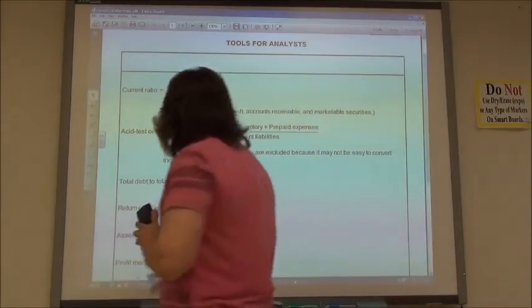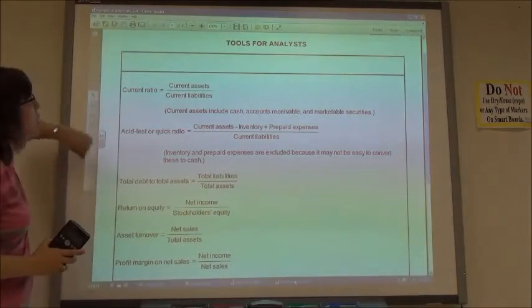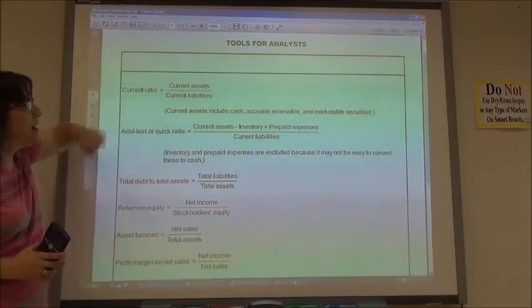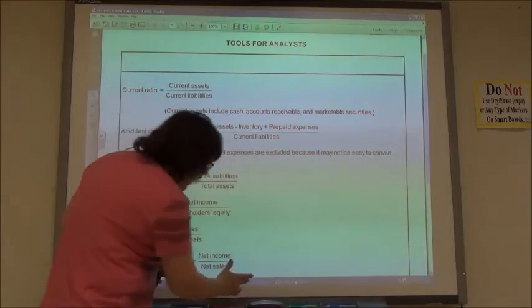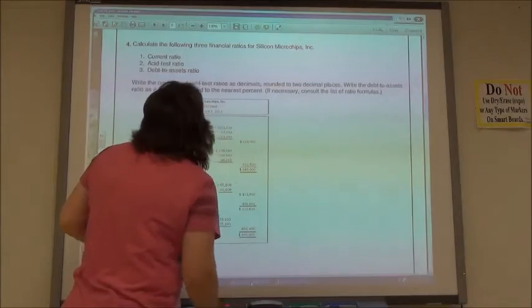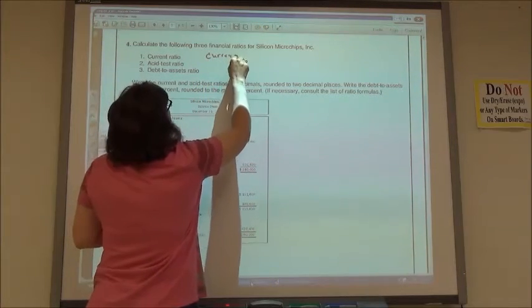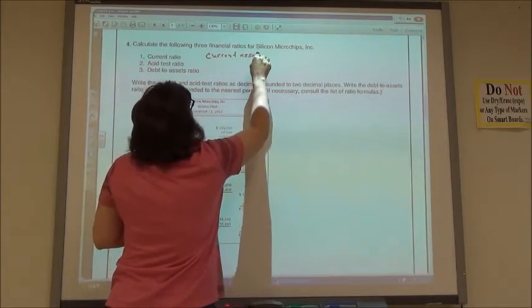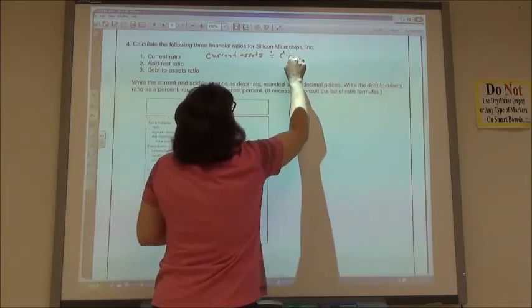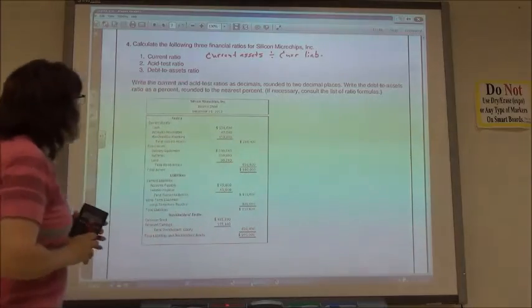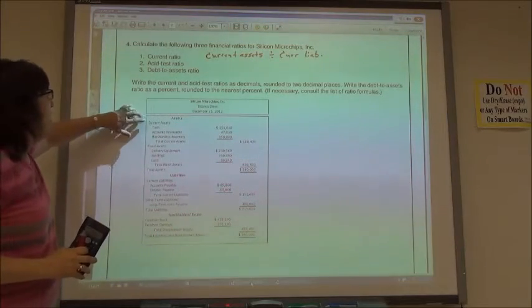So we were going to do the current ratio. The current ratio says take your current assets divided by your current liabilities. So current assets divided by current liabilities. I'm just going to abbreviate. So I'm going to look here.